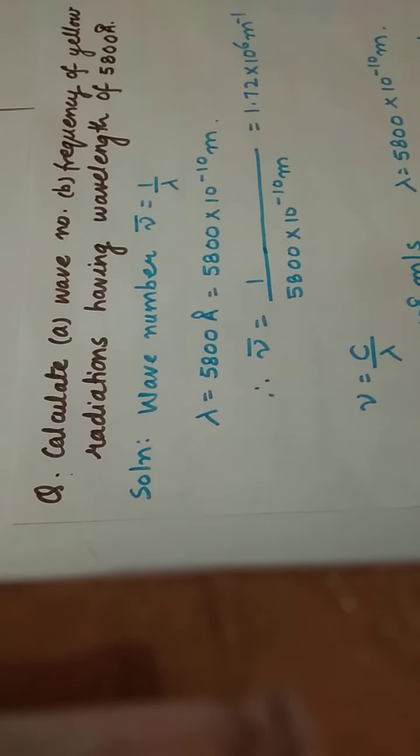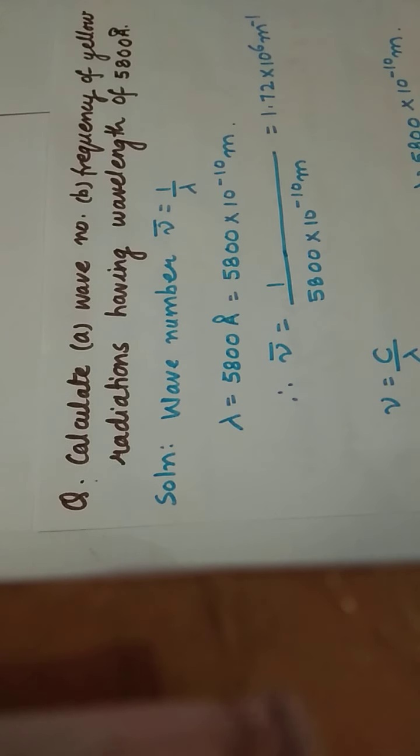So now next we are going to do some numericals based on them. The formulas that we have done earlier in electromagnetic radiation or the wave theory of electromagnetic radiation, we got to know about the different formulas. Today we will be solving some numericals based on those formulas.